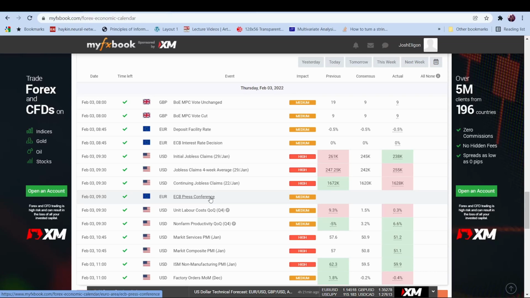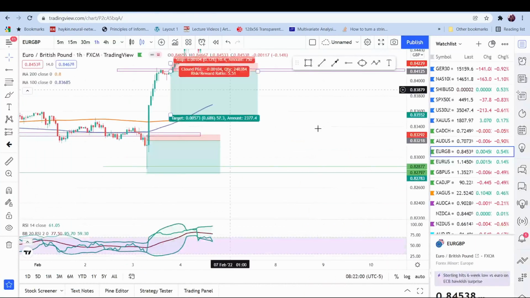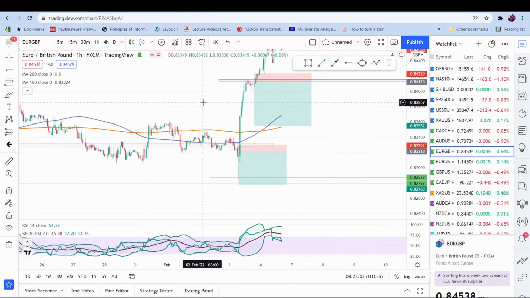At that point, what we had was the ECB basically saying that they're on track to increasing their monetary policy as early as December of this year, which is a little bit quicker than expected, which caused price to actually rocket in favor of the euro.